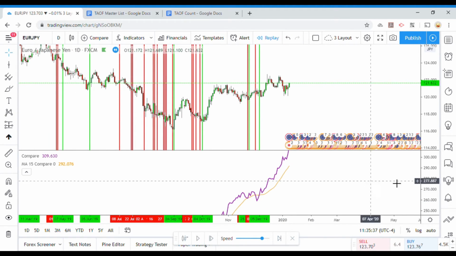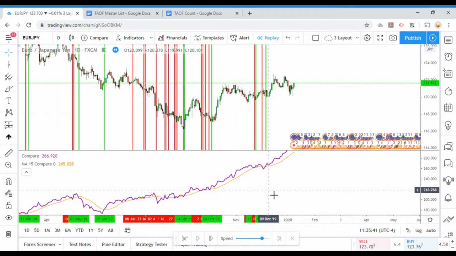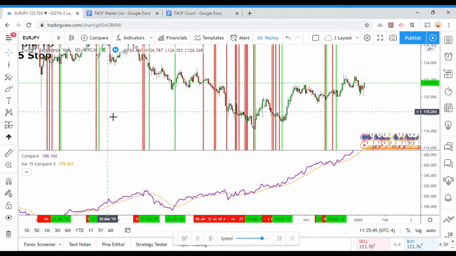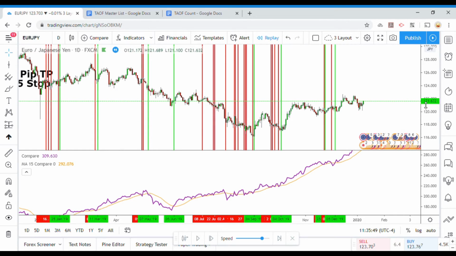All right, so we are at the end of the year now, and my first observation after the year is complete is that this seems to be also an overtrader.